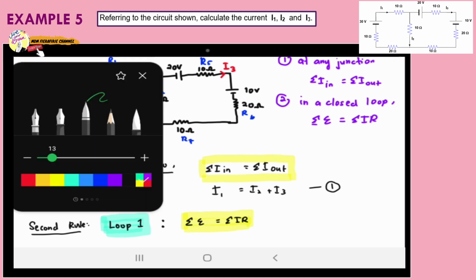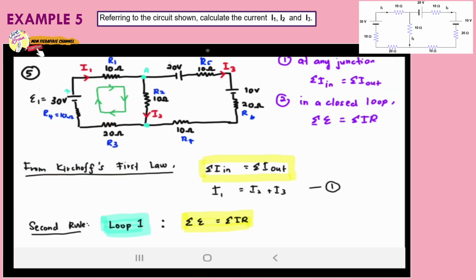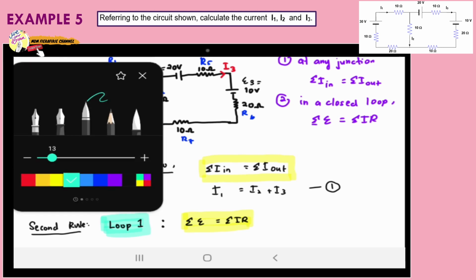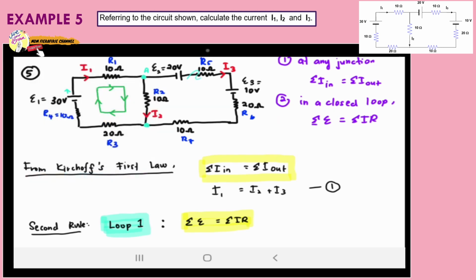And how about the second loop? Here we have two EMF. This one should be E2, and this is EMF 3, where EMF 3 is 10 volt and EMF 2 is 20 volt. If you look at the flow of current for EMF 2, it should flow from the positive terminal.